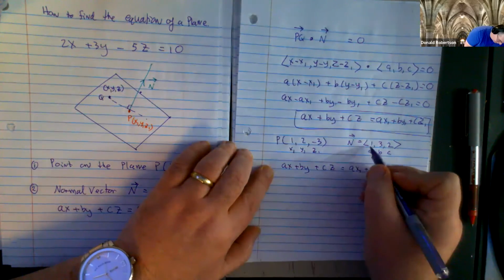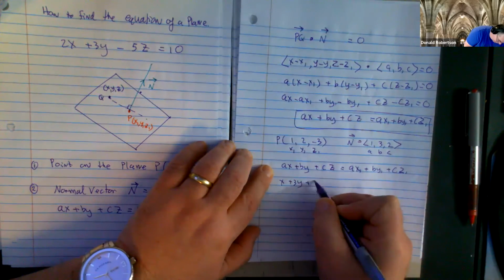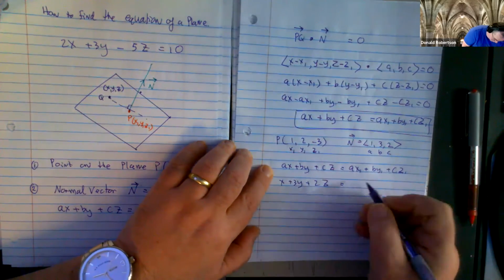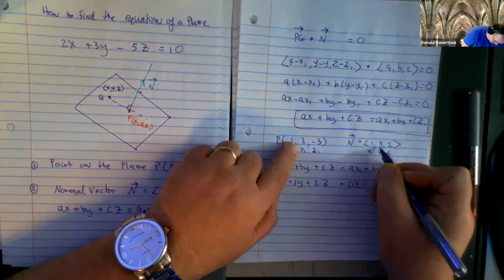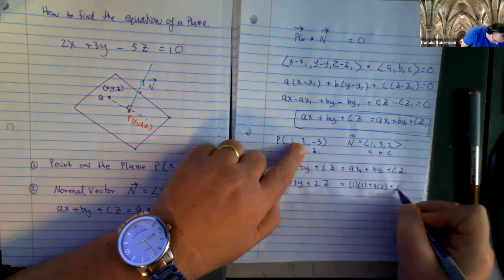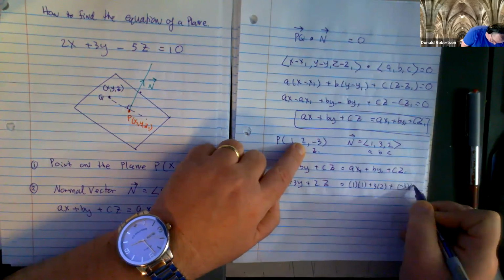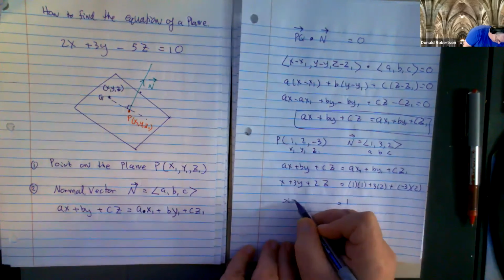So it's going to be 1x plus 3y plus 2z equals 1 times 1 plus 3 times 2 plus 2 times -3. And we are done.